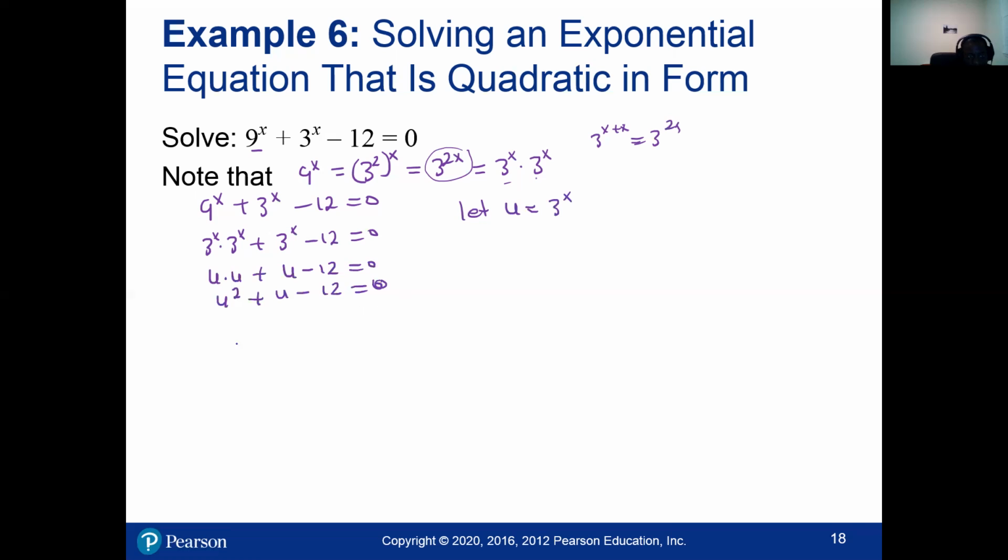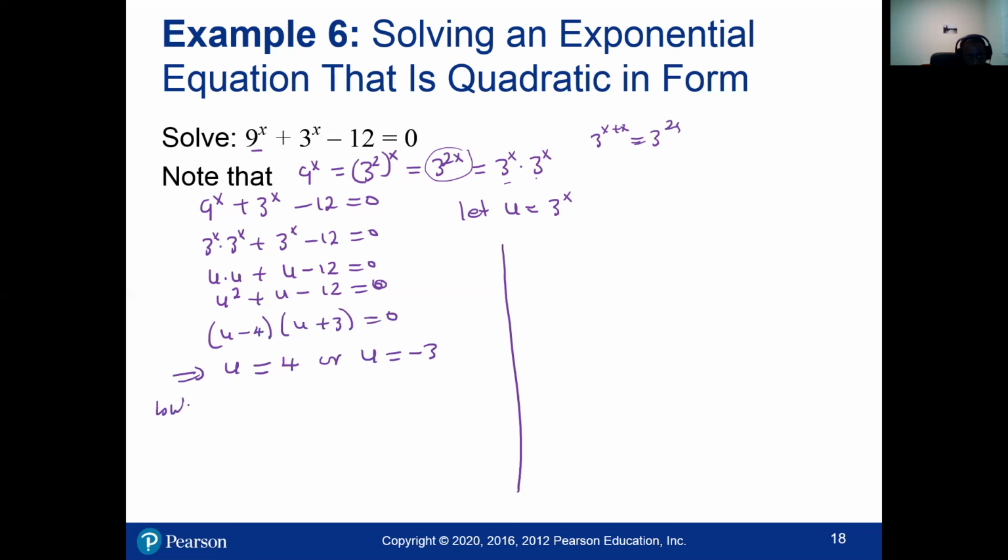So we factor: u, and then u, just like I have in terms of x. That gives me u minus 3... sorry, u minus 4 and u plus 3 equal to 0. All right, what happens is that u is equal to either 4 or u is equal to negative 3.